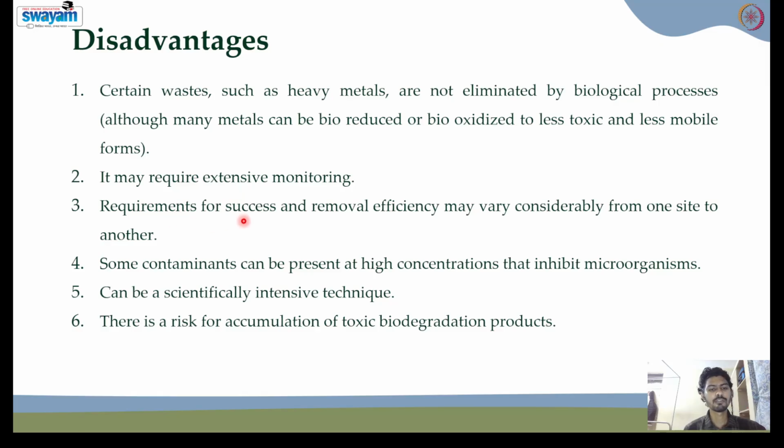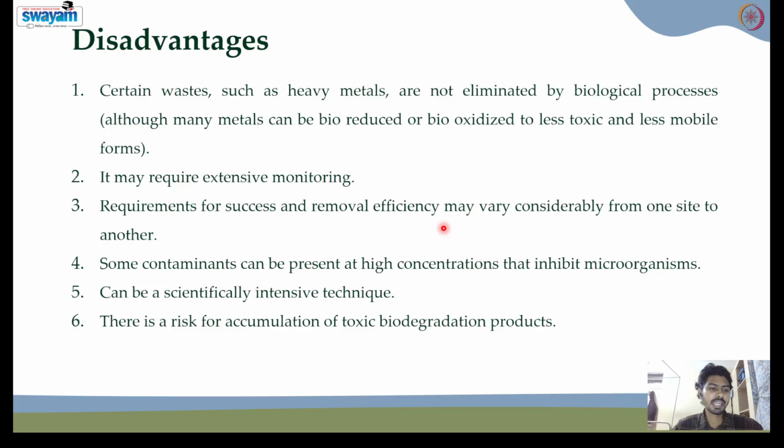And the requirement for success and removal efficiency may vary from one site to another site. So this is site-specific success too, because the efficiency of the bioremediation can vary from one place to another place, because here various factors come into play.